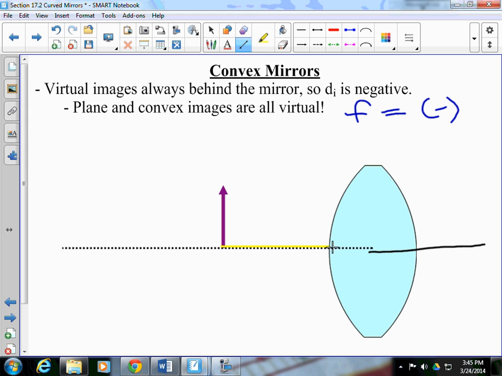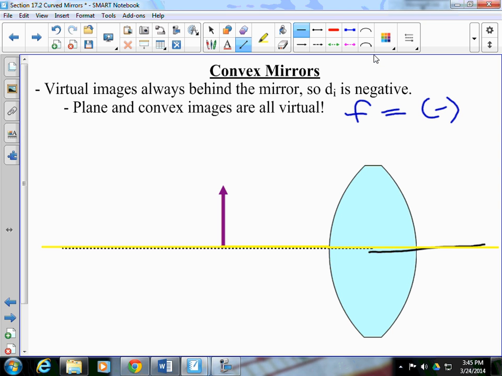It hits the middle of the mirror, and what happens? It comes right back. Now, if this were to continue traveling through the mirror in a virtual image, the light ray would continue to make the bottom of the arrow straight through. Same idea is that the bottom of the image will always be on the principal axis that cuts through the middle.